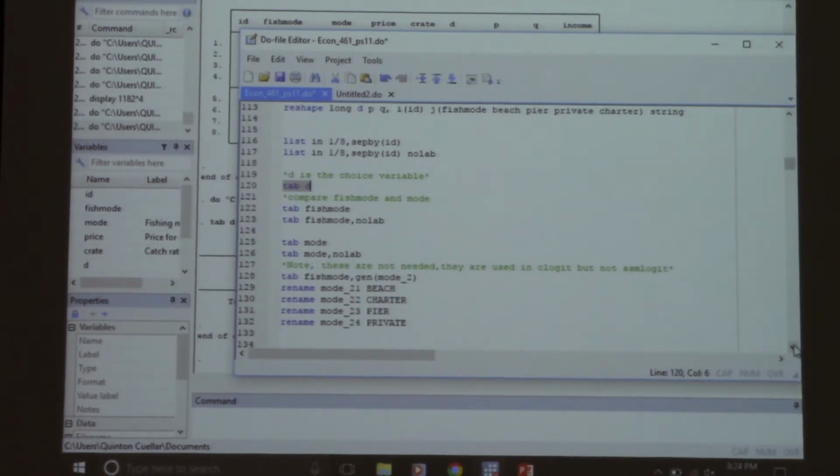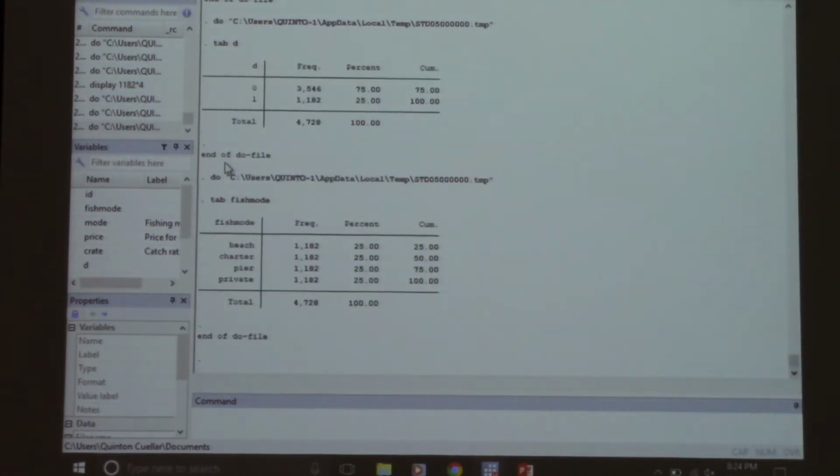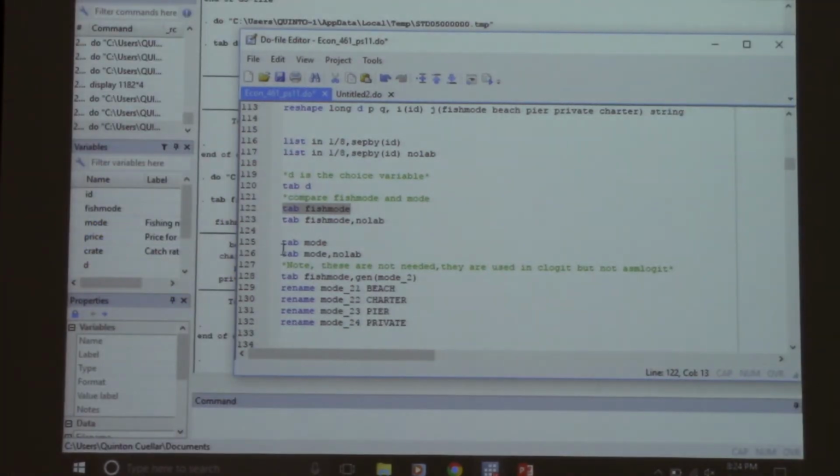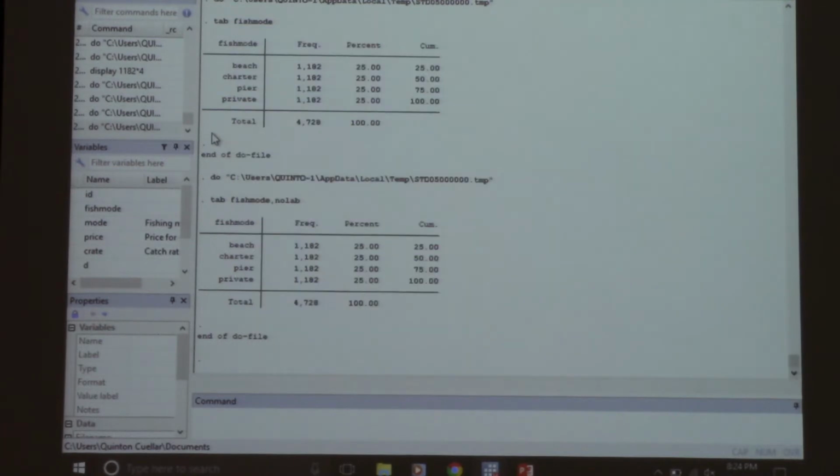All right. Let's generate the dummies. We're going to tab, remember fish mode is the variable that we constructed. And it's actually a string variable, so if we do no lab, it's still going to be the same. And it's a string variable because we told Stata it was a string. So this is where that string option comes in.